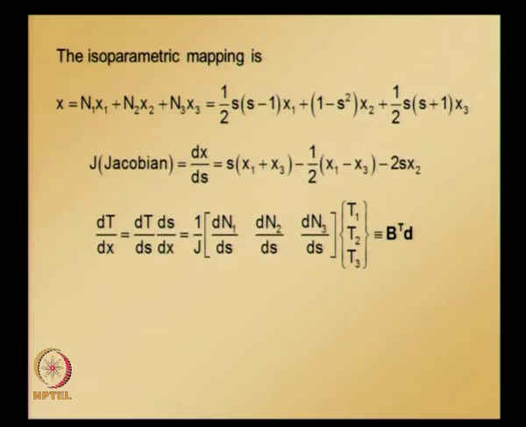So, using this equation, the first derivative of the field variable, the first derivative of T with respect to x, can be calculated, which can be compactly written as B transpose d, where B is defined as 1 over J times the first derivative of the shape functions with respect to s, that is dN1 over ds, dN2 over ds, dN3 over ds.